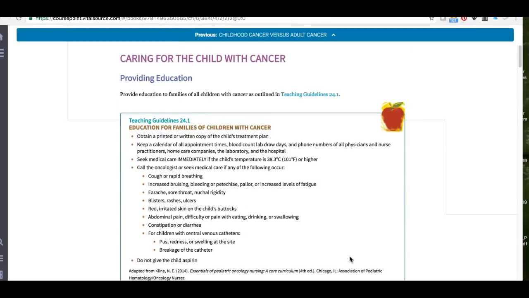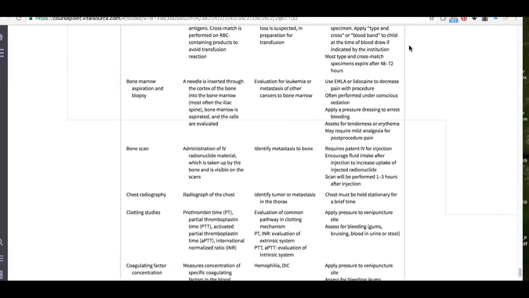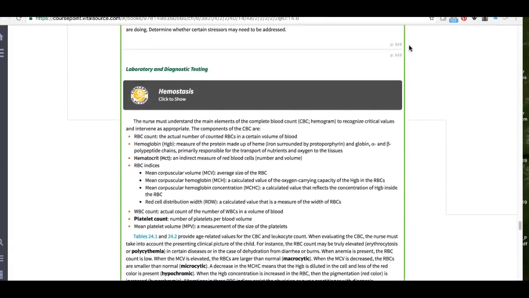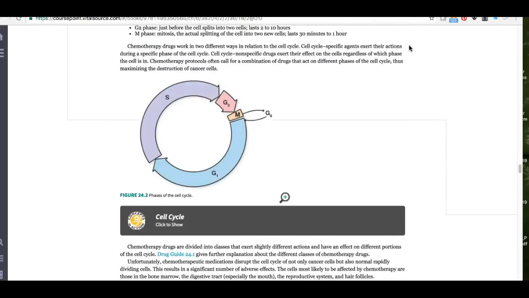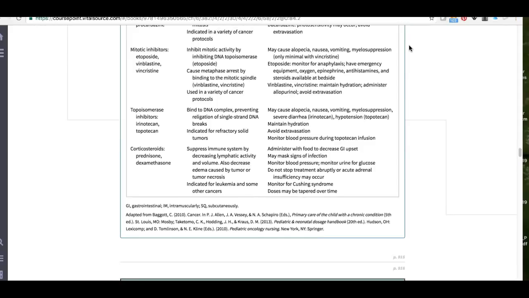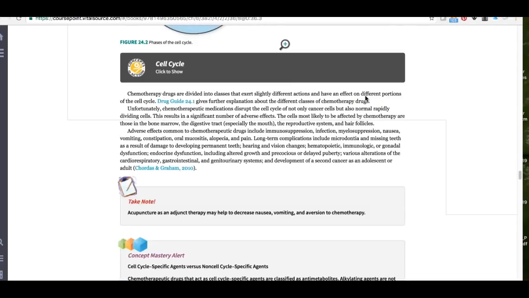We will get to the 3 stages here in a second. 3 stages: the induction phase, which I said is where they kill off all of the good cells, and then the actual administration of the stem cells, and then the recovery phase.